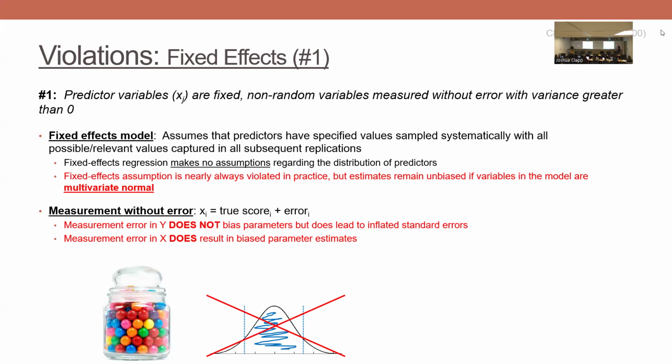And if we're thinking about error in my outcome as resulting in inflation in my standard errors, what did that just do to the power of your study? It dropped it down, right? Because if my standard errors get bigger, all my tests are going to get smaller.